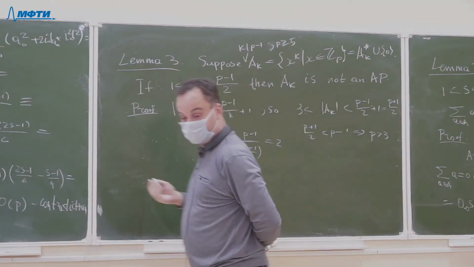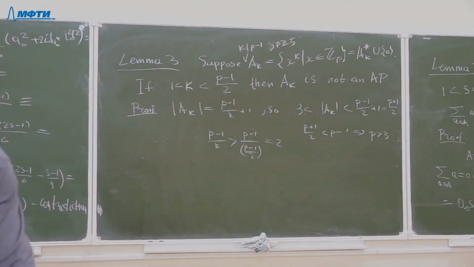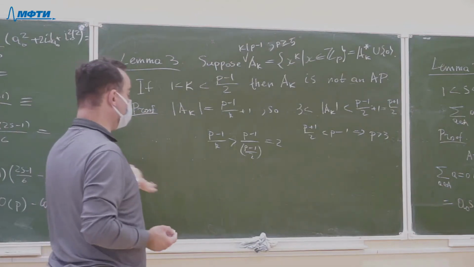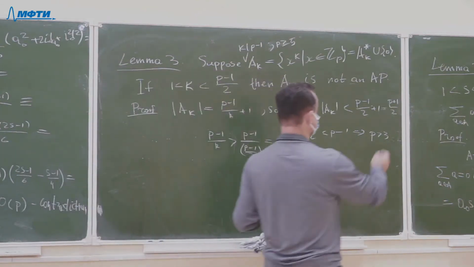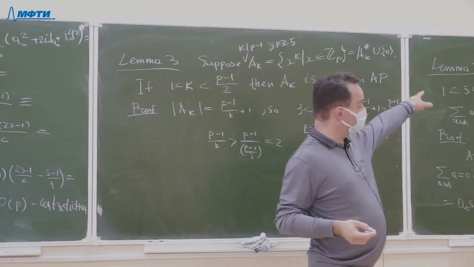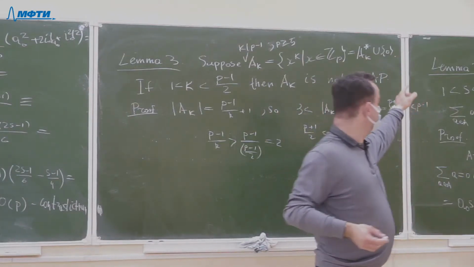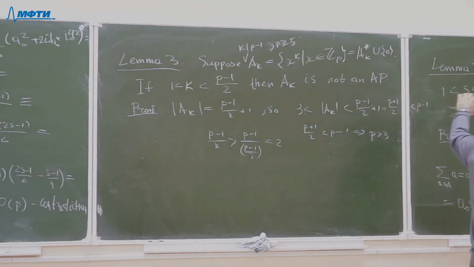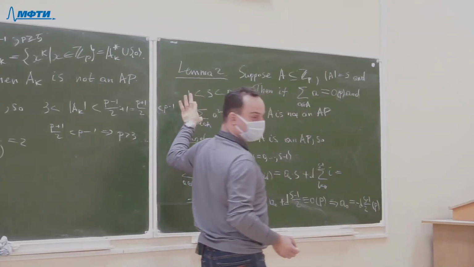We need this. That's our limitation here. Look, okay, so the size is strictly smaller than P-1. So we have our conditions on the size of A. We have to check this and this. Good.